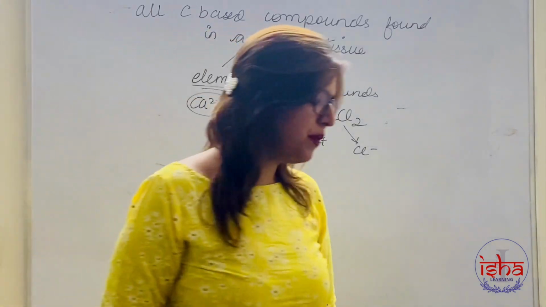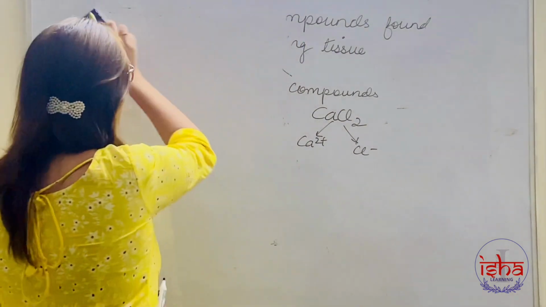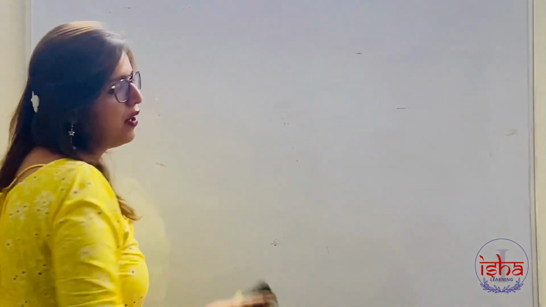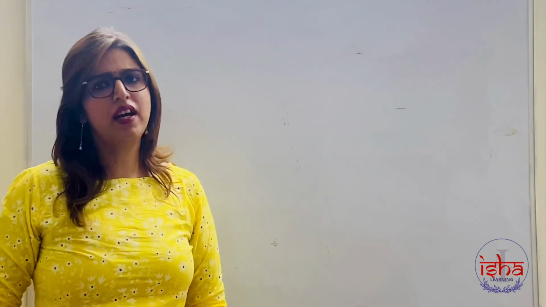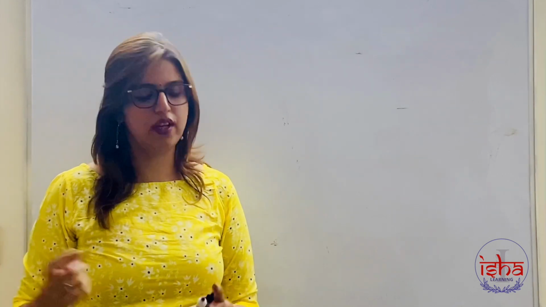So now we begin this chapter with the very basic question: how do I know what are the kind of elements and compounds found in the human system or in any living system for that matter? Let's say a bacterium, a fungi, a plant, they're all made up of biomolecules, carbon-based compounds, right?